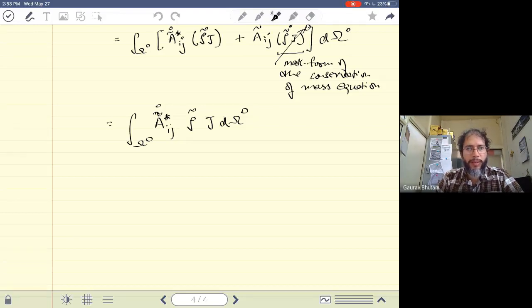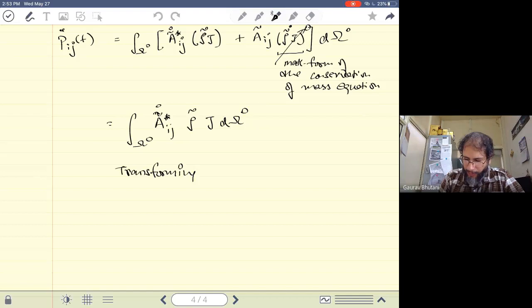So we can transform things back to the current configuration.